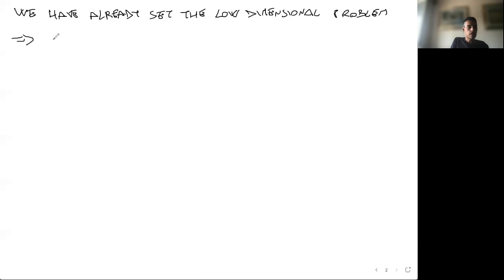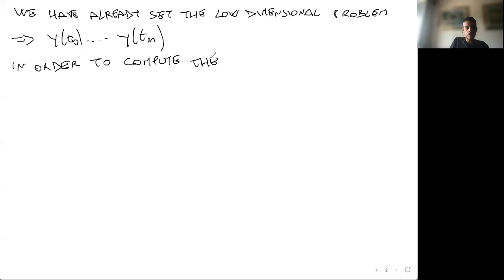So this implies that we have already computed snapshots y(t_0), ..., y(t_n). In order to compute the empirical basis, why are they called empirical? Because those are going to depend on the snapshots.